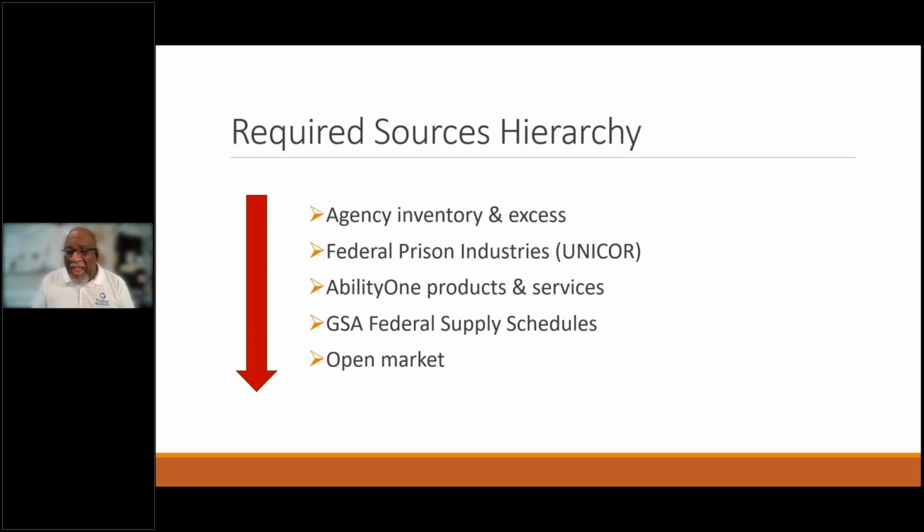GSA Federal Supply Schedules, okay? Very important strategy here. In light of all that's been happening with the executive orders and the consolidation of common goods and services, I think GSA Federal Supply Schedule buying is going to be significantly more prevalent.